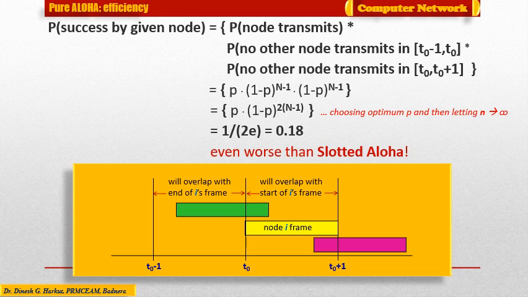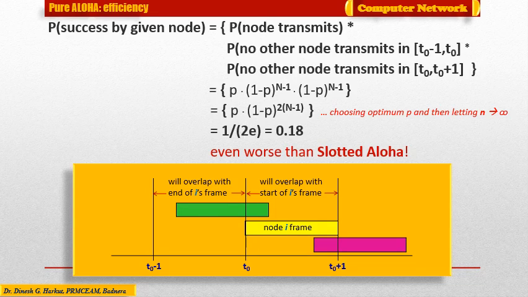Suppose this frame begins transmission at time t0. As shown here, in order for this frame to be successful, no other frame should be allowed to begin transmission from t0 minus 1 to t0.